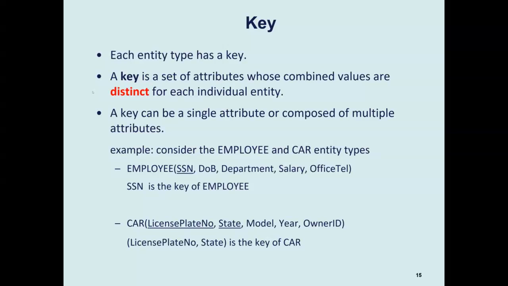In the implementation phase, an entity usually will be represented as a record in a table, so each record should have a unique key value. In the ER model, we usually underline the primary key. This means that if an entity type has multiple keys, we only need to pick one as the primary key and then underline that primary key.